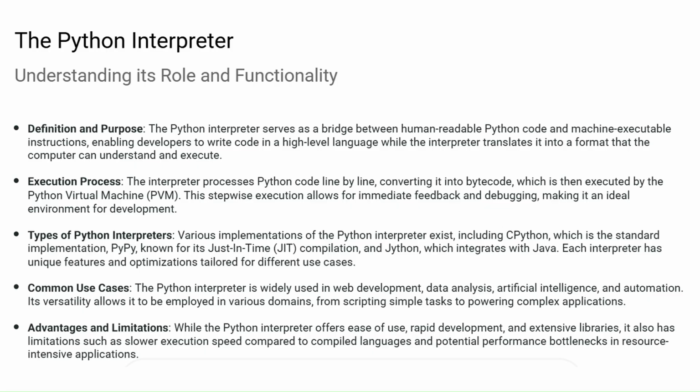Now, let me make it a little bit easier. As we have Python and PyCharm installed, we can start running our Python programs. But you know, for any computer that runs a program, how does the backend work?